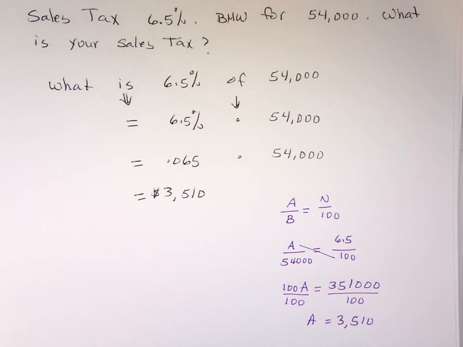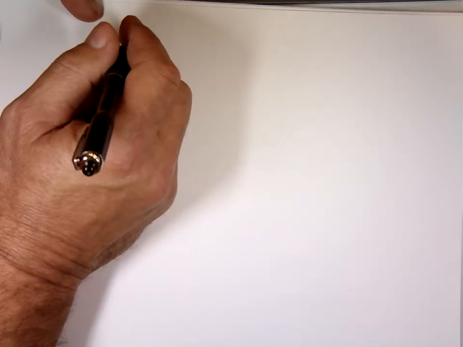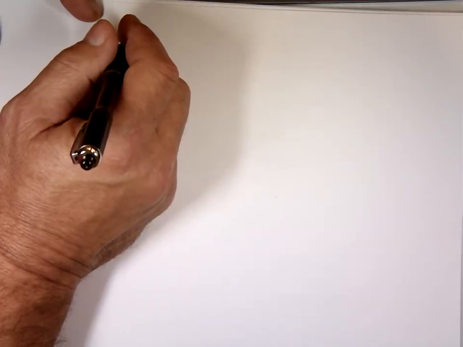One more example. Big Y, on Tuesday, twice a year, senior citizens will get a 10% discount. I don't know if you know that or not.